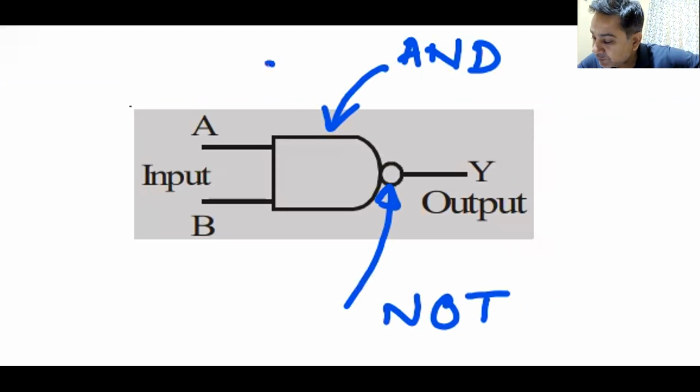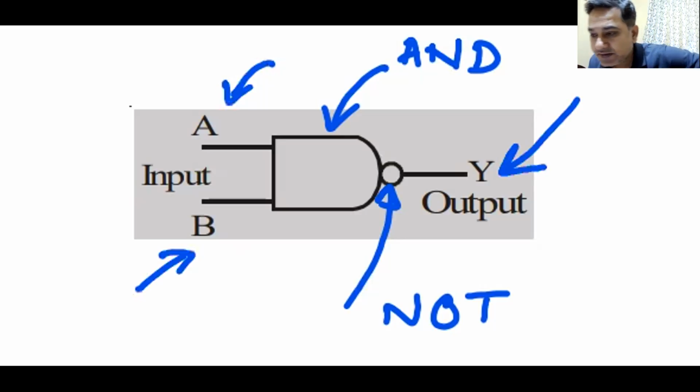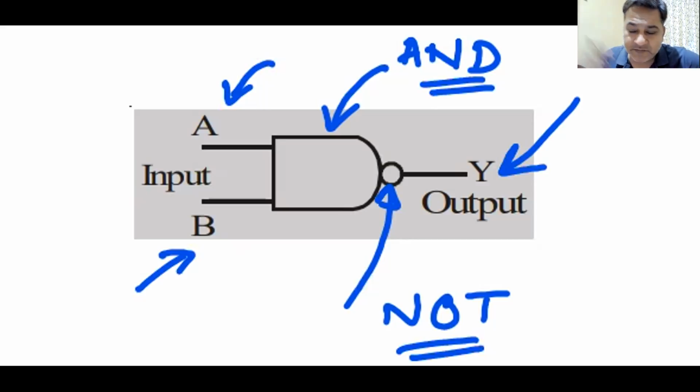It also has two inputs, A and B, and a single output Y. Will you remember this? Yes, sir. And it becomes a NOT AND gate. NOT ka OT we have removed, and it becomes a NAND gate.